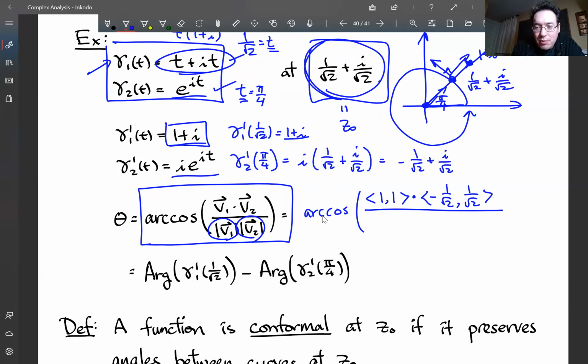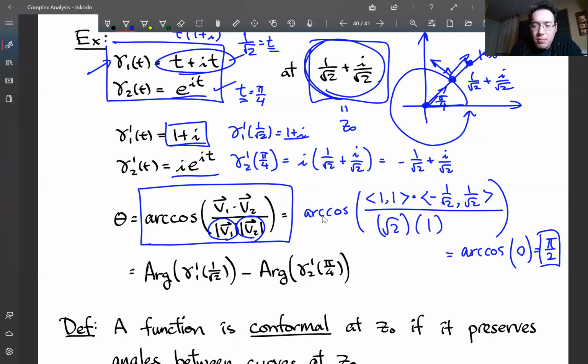The magnitude of one vector is root 2, and the magnitude of the second vector is equal to 1. Well, the computation is actually not that bad, because when you do the dot product in the numerator, we'll just get 0. And arc cosine of 0 is pi over 2 radians.